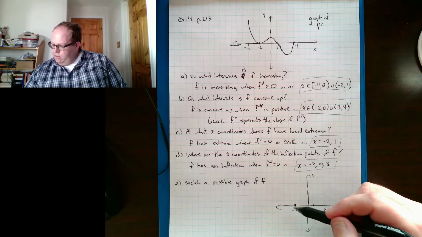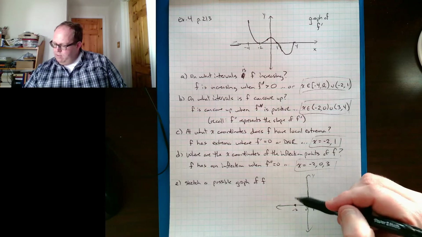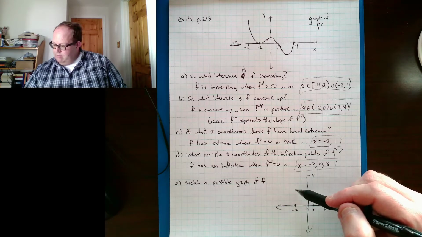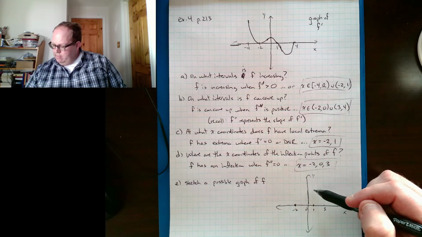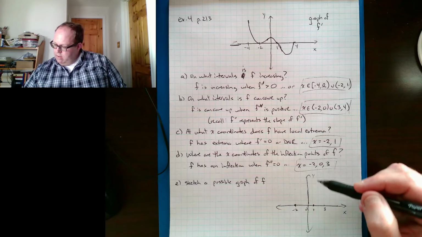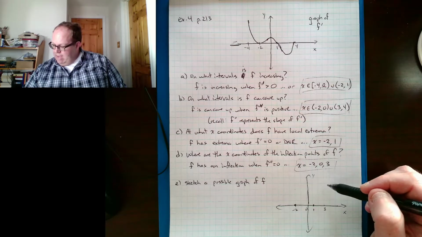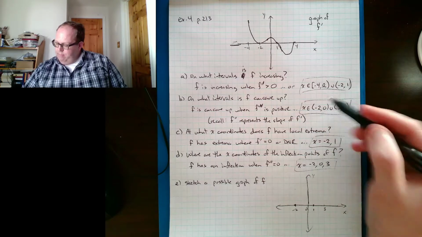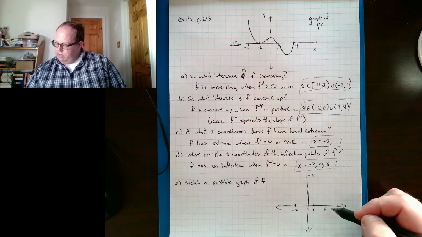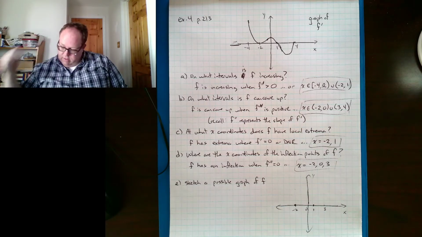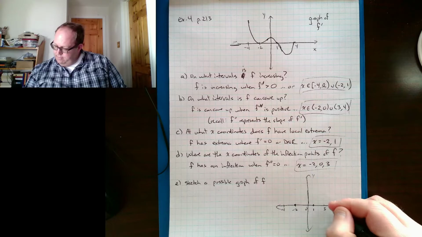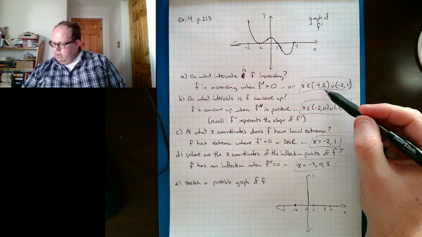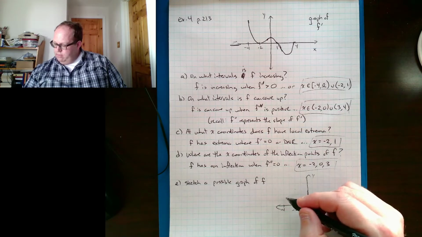I need to be increasing up to this first extreme value and between the extreme value and 1, which would imply that I'm decreasing after that. And it's got to be concave up between -2 and 0 and between 3 and 4. And I should have my endpoints in here as well. Okay, so increasing between -4 and 2.